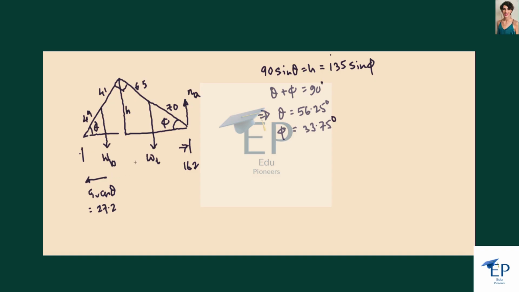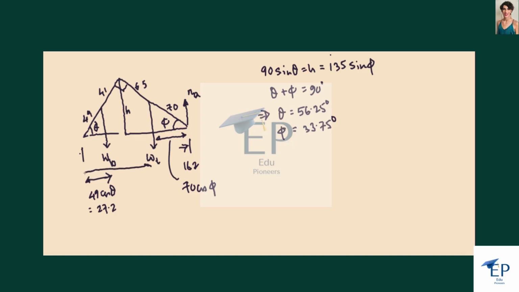This is the distance that we will need, which is 49 cosine theta, which is 27.2, and then you can find this distance, which is 70 cosine phi.